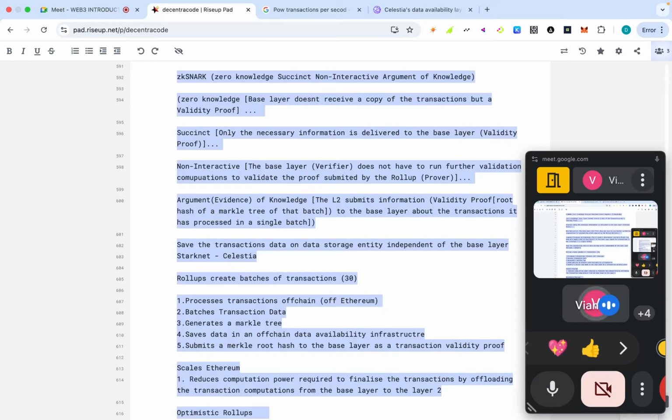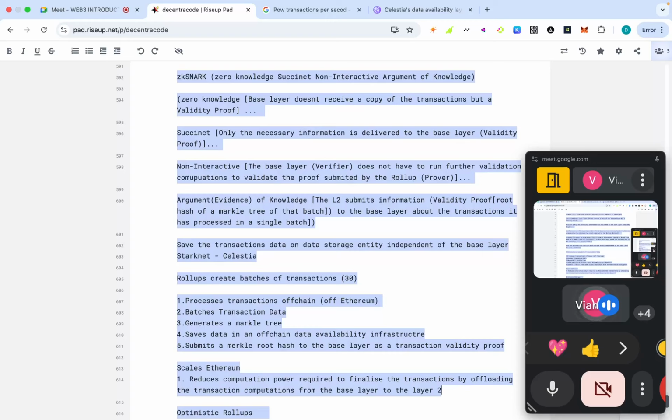Maybe someone is transacting on Ethereum directly. Those are transactions that can only be proved by Ethereum itself. But there are certain things these layer 2 solutions can do that relieve Ethereum of the computational processes it would require to finalize some computations.